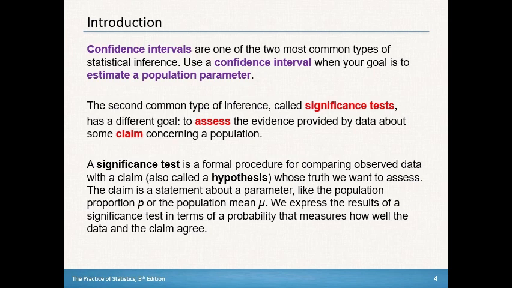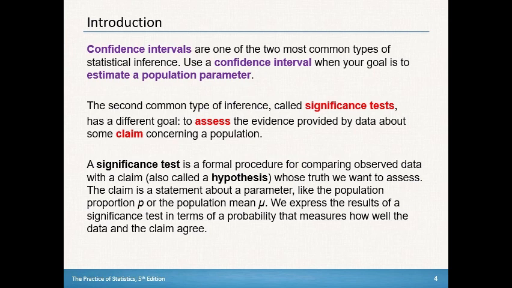formalize that. Okay, so a significance test is a formal procedure for comparing observed data with a particular claim, and that claim we refer to as the hypothesis. It's kind of like in science, where you have a hypothesis that you're trying to test with an experiment. We have a particular thing that we think is true.